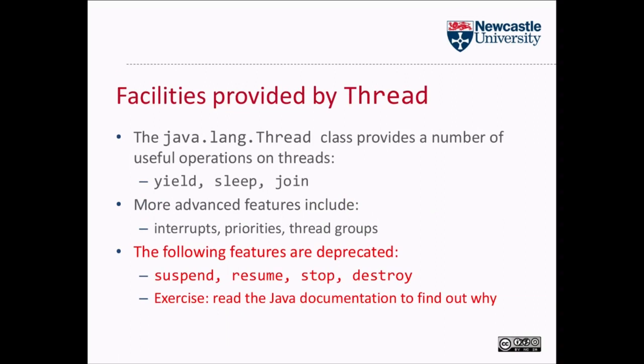So the other thing is, now we're going to see usually yield, sleep, and join. Mainly sleep as far as I'm concerned, as well as interrupt, priority, and thread groups. But yeah, just the interrupts as far as I'm concerned. And then there is actually a reason why those are deprecated.